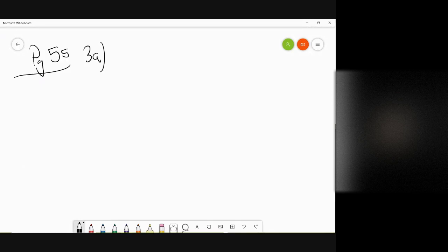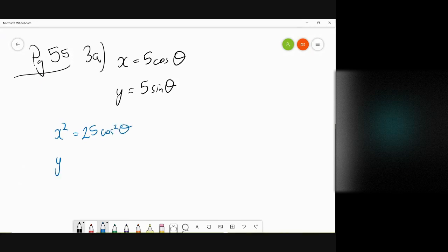Eliminate theta, and then in each case, form equations in x and y. All right, simple. x equals 5 cos squared theta. y equals 5 sine squared theta. All right. Guess what? What's x squared? Fletcher? 25 cosine squared. Yeah. And what's y squared? 25 sine squared.